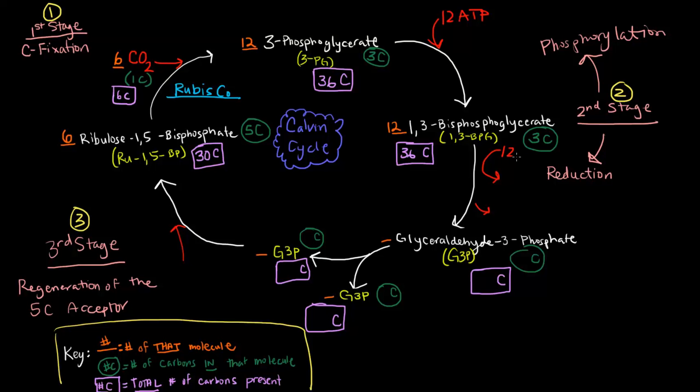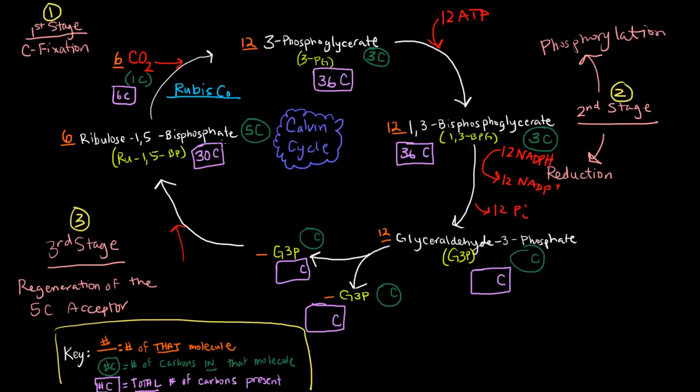So we are actually going to add 12 NADPHs here, right? 1 for each one of these 1,3-bisphosphoglycerates, and we're going to end up getting 12 NADP pluses. And of course, we're going to get 12 glyceraldehyde 3-phosphates. And the phosphates from these bisphosphoglycerates, 12 of them will hop off as inorganic phosphates.